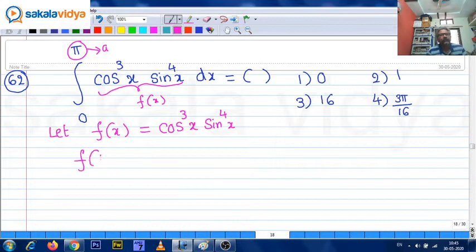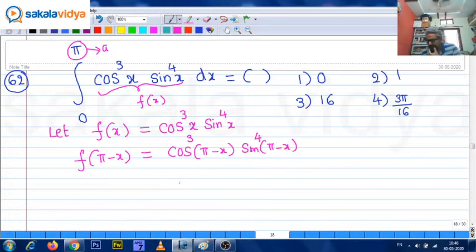So f of pi minus x is cos of pi minus x whole cube, sin of pi minus x whole to the power of 4. Now cos of 180 minus theta is minus, so this will be minus cos cube x, and sin 180 minus x is sin x to the power of 4. This will be minus f of x.